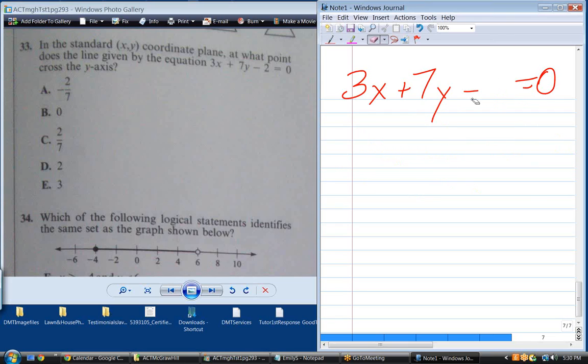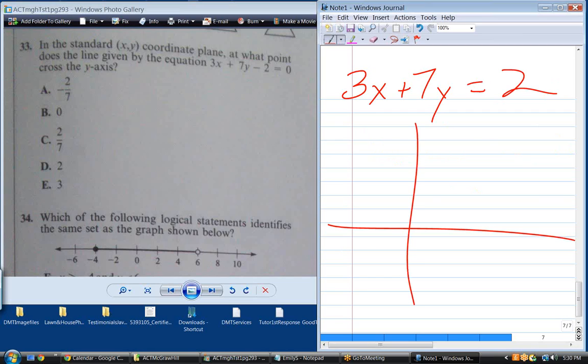In fact, if somebody said graph this, the easiest way to graph it is to figure out the x and y-intercepts. The x-intercept was 2/3, so I know it goes through this point. The y-intercept was 2/7, so I know it goes through that point. There's the graph of that equation.